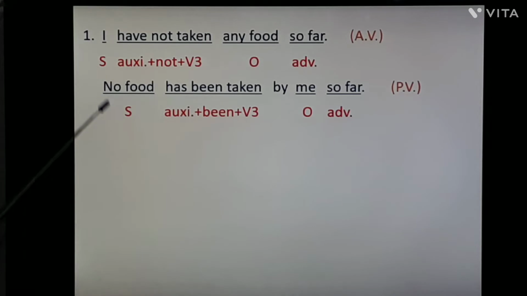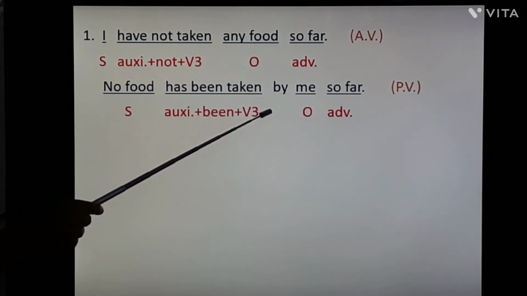Then according to no food, we have to put appropriate auxiliary verb. That's why has is given. Then you have to add been, B-E-E-N, been, because we are framing here present perfect tense passive voice. That's why been is compulsory. After that you have to put V3 form of the main verb. So taken.